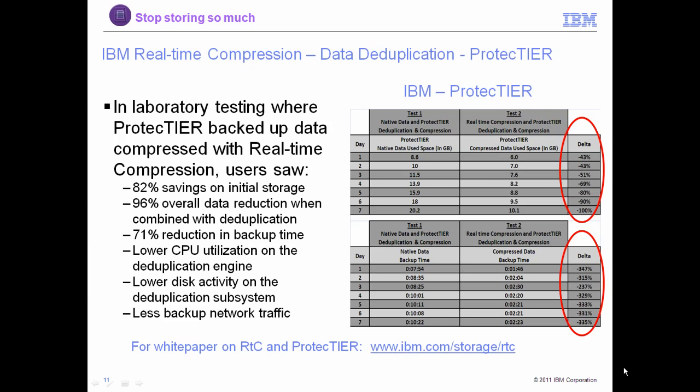And while it's impressive that the original storage savings with deduplication was 82%, and then once compressed it was 96%, what ends up being most important is the third sub-bullet, which is a 71% reduction in backup time. Customers continue to struggle with backup, and anytime you can reduce someone's backup window by 71%, that is an incredible help to any storage administrator's backup challenge.